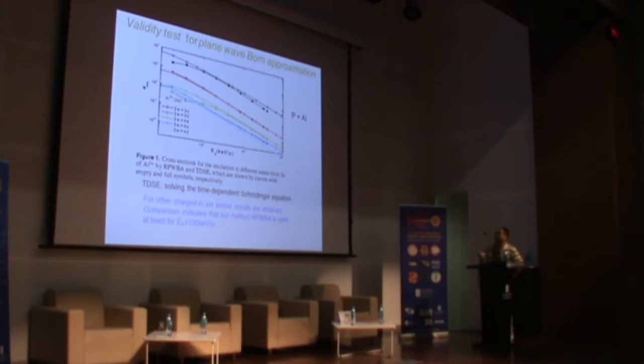Here gives a comparison of our result with a much better method, TDSE, for the excitation cross-section in this collision system. We can see that at least for this projectile energy range, our method is valid.